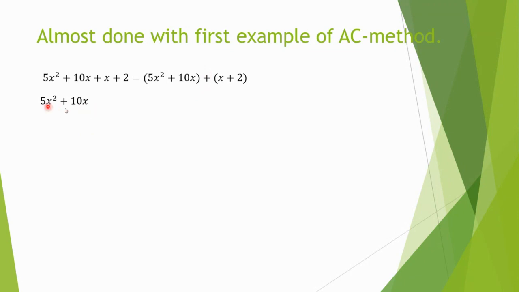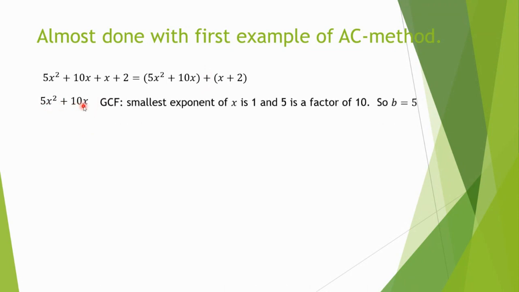Okay, well, how do we do that? Well, notice the smallest exponent of x is 1. So our m then, I didn't put it here, but the m would be 1, right? Remember, the GCF is bx to the m. So m in this case is 1. And 5 is a factor of 10.